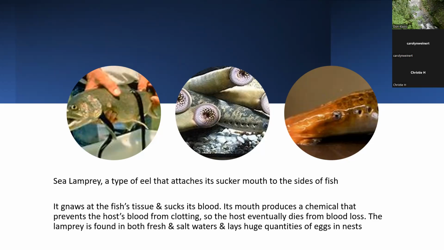So the host eventually dies from blood loss. When that happens, the lamprey detaches itself and swims to wherever the next fish is that it's going to do this to. It is found, unfortunately, now in both fresh and salt waters. And to make matters worse, they make nests like a lot of fish do, and they lay huge quantities of eggs in their nests, hundreds.